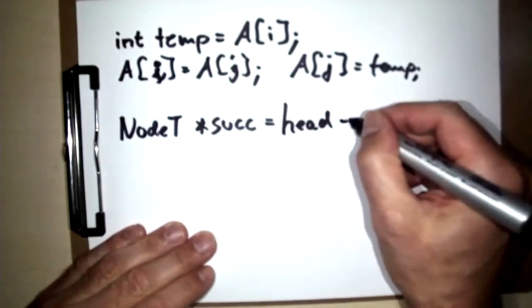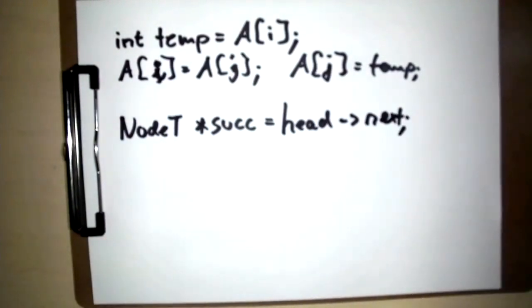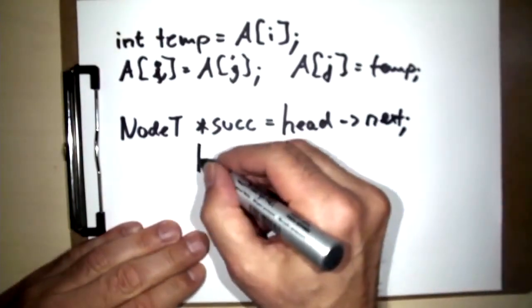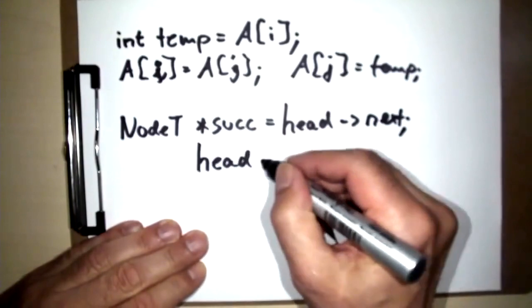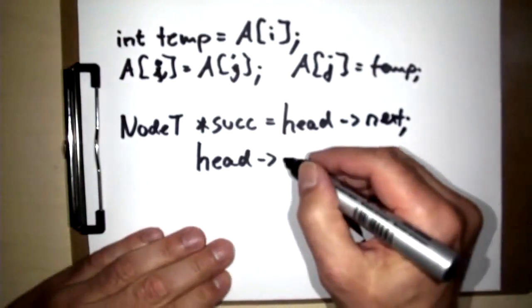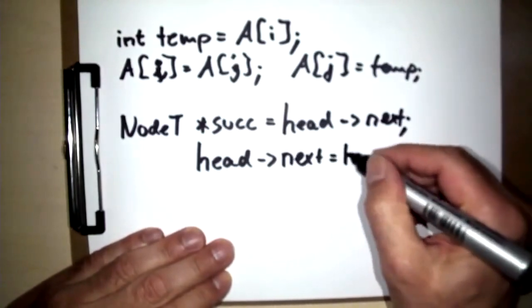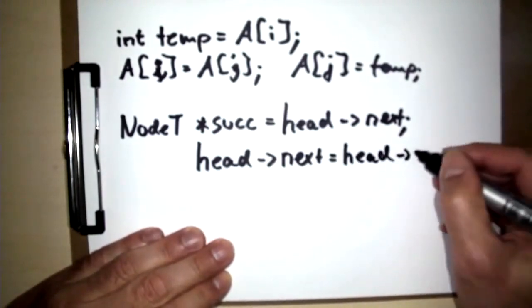So head next, and head.next is equal to head.next.next. All right, now we have a pointer, so we have to use the arrow. And now you say head next. Head next is equal to head next next.